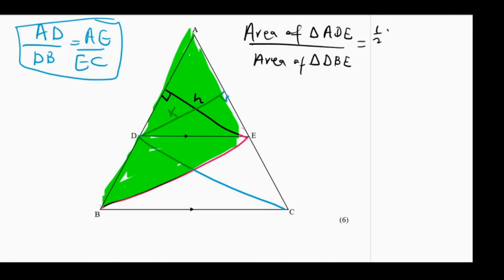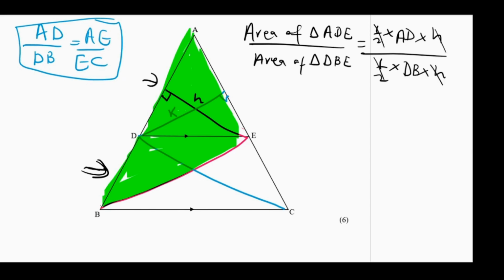It's half times the base, which is AD, multiplied by the perpendicular height, which is H. Divide by half times the bottom base, which is DB, multiplied by the perpendicular height, which is still H. So this cancels out, and we remain with AD divided by DB.